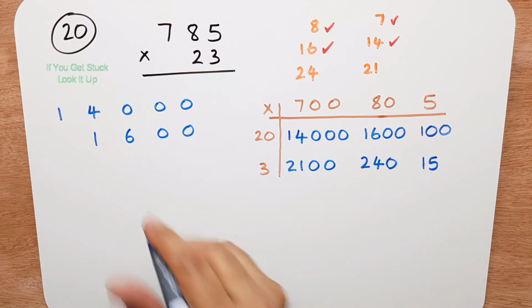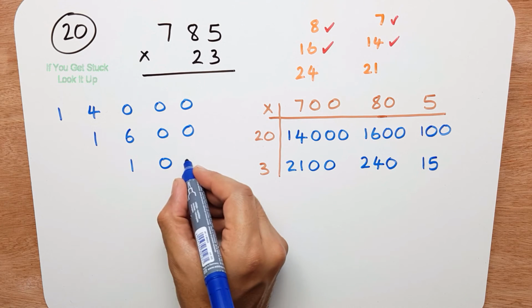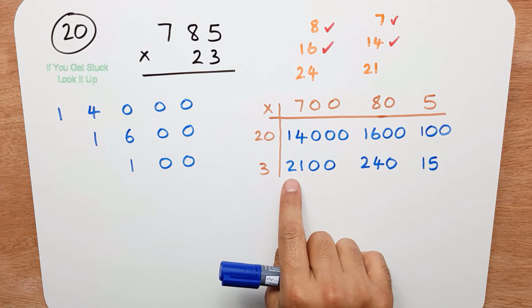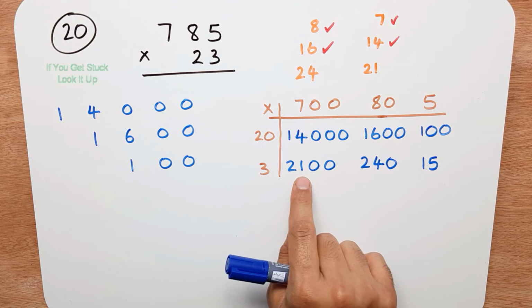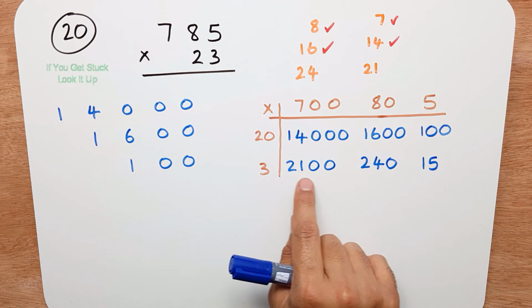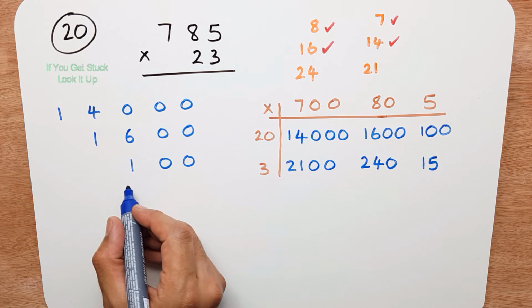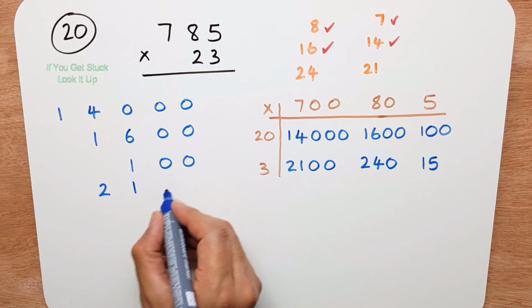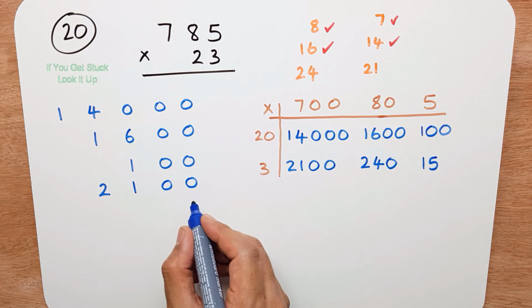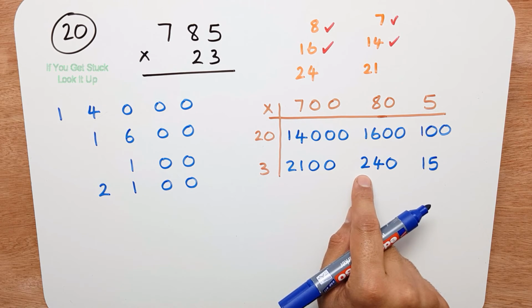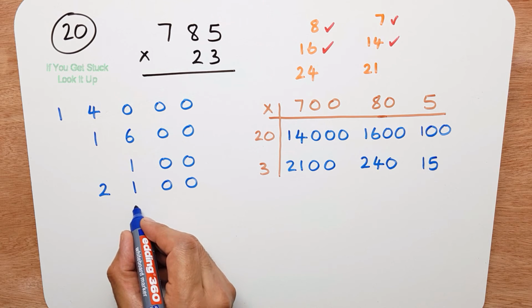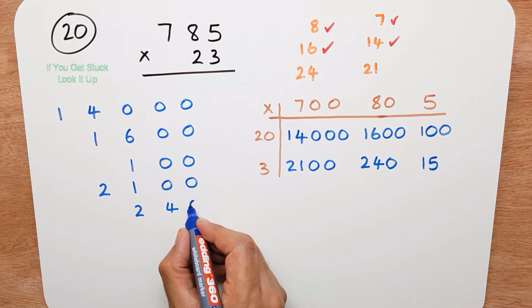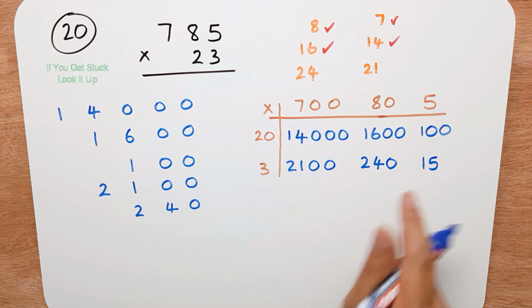Then we add 100. Now we move on to the second row. So it's 2100. Now I have to be careful. The 2 goes there, and then 100. Then it's 240. And finally I have 15.